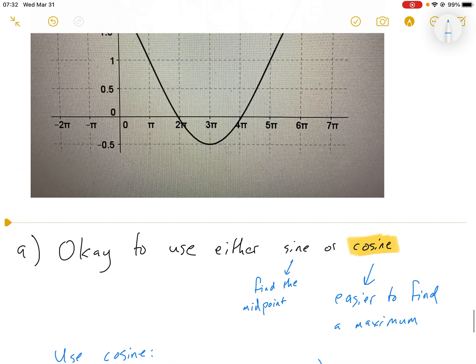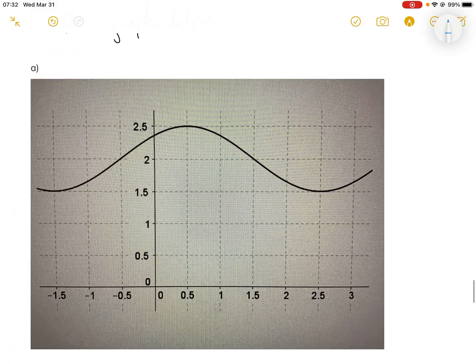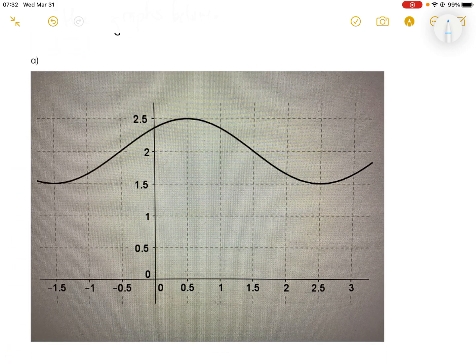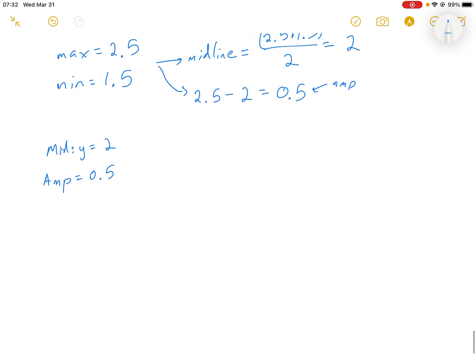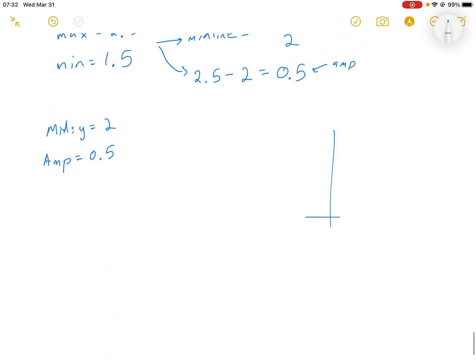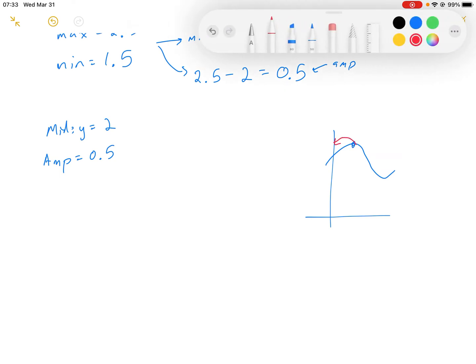Next thing I'm going to do is take a look at the horizontal shift. So remember I said cosine is always dealing with maximums. So all you have to do is take a look at this maximum point. And it should be on the y-axis, but it's not. So it moved to the right 0.5. Just drawing a rough sketch of that here, this point should be right there.